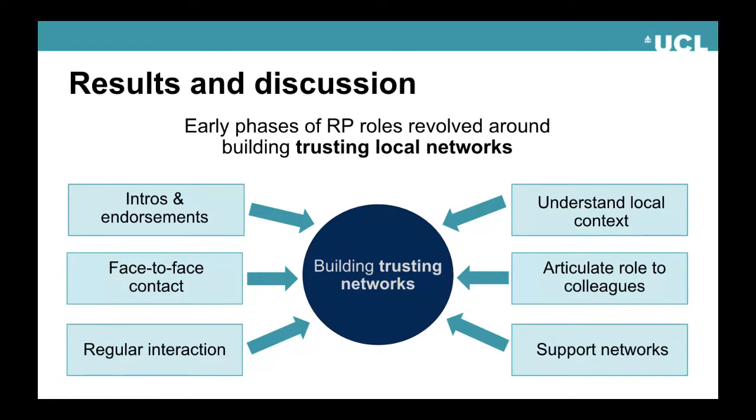What were the barriers and limitations experienced within the local authority, and also what were the local priorities, for example. They also needed to articulate what the purpose of their role was to their colleagues, because this term embedded researcher or research practitioner wasn't very familiar. And finally, embedded researchers described the value of support networks, often because they were the only individuals in their roles. Okay, next slide, please.